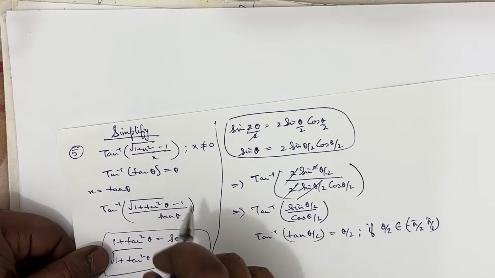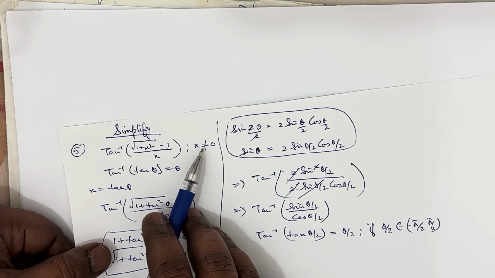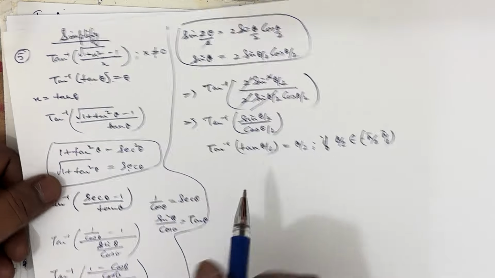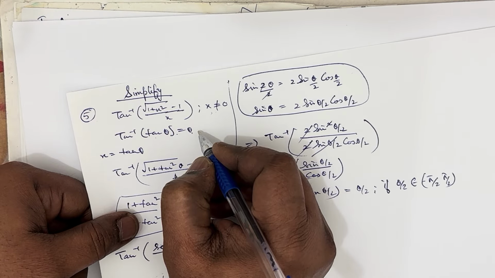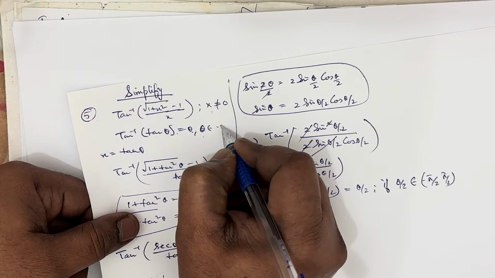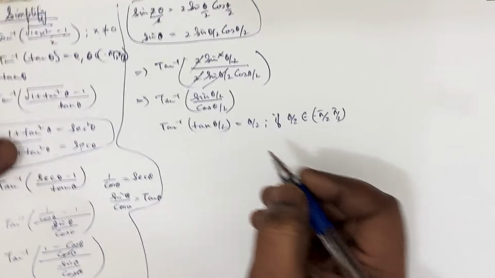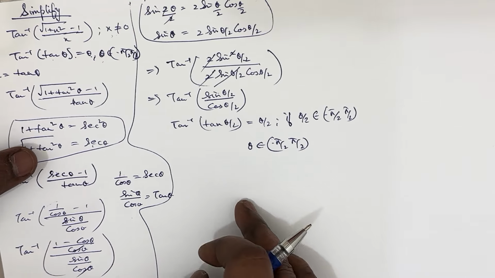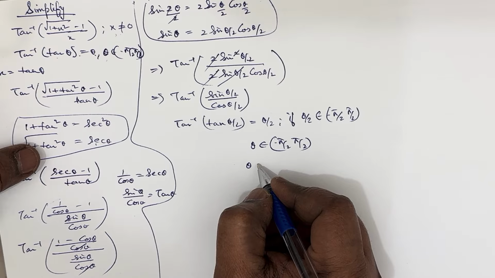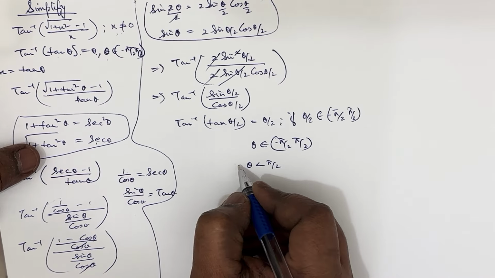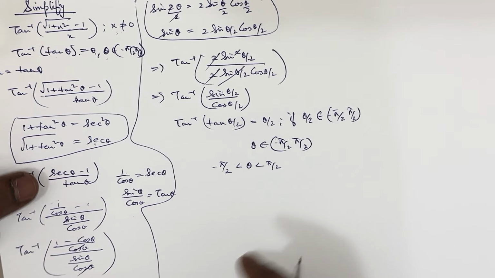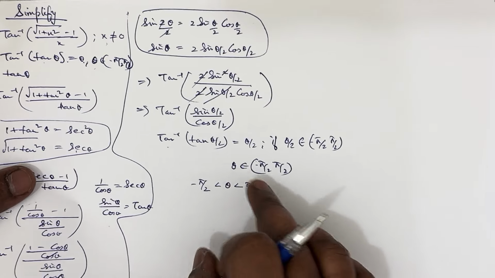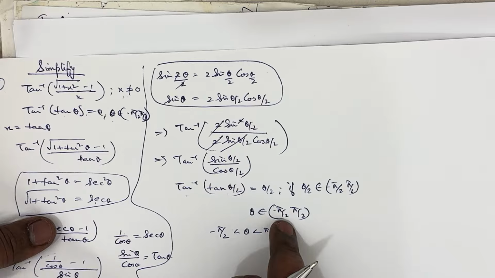Now here they haven't given any condition except x not equal to 0, so we can take the condition of tan inverse tan theta where theta belongs to the range minus pi by 2 to pi by 2.